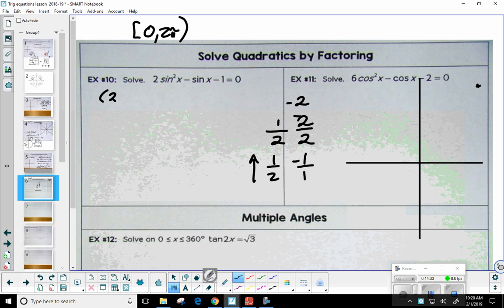So this would be 2 sine of x plus 1 times, what would negative 1 over 1 give me? There you go. Perfect. Okay. So what were the steps again? We multiply, factor, divide, reduce, move. Okay, that's how we moved these values to the groups.